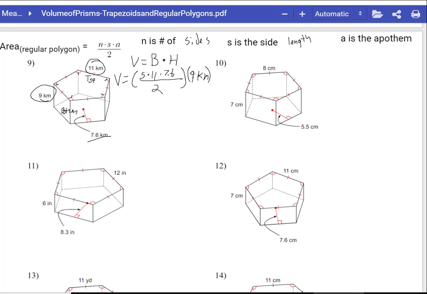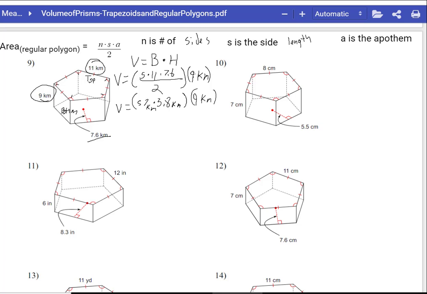I'm going to do a little extra step on this. 5 times 11 is 55. 7.6 divided by 2 is 3.8. And then we have 9 km. But wait, there's more. Technically, it was 11 km and 7.6 km, so there are still km's there.